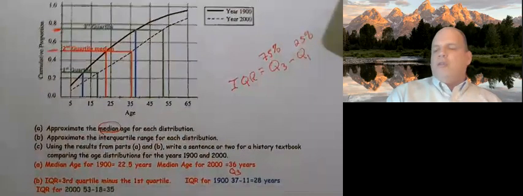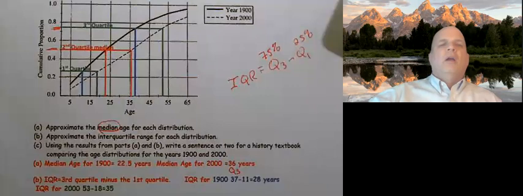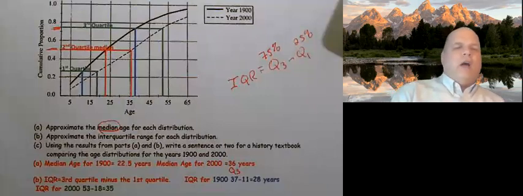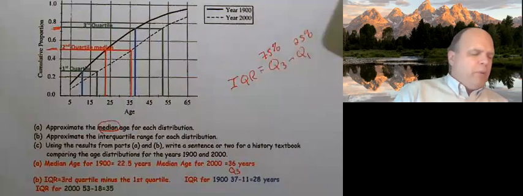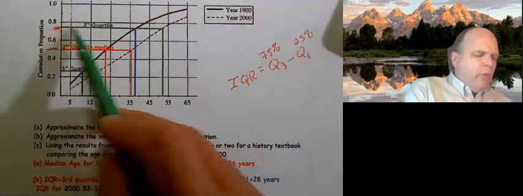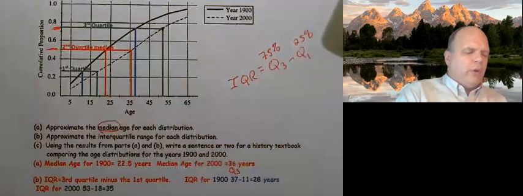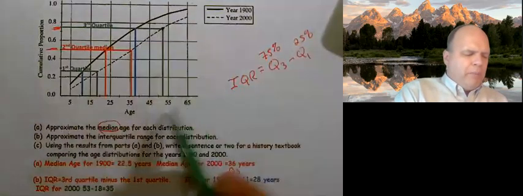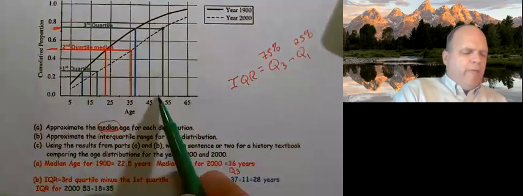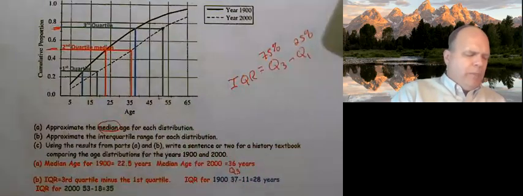Then I did the same thing for the year 2000. Beginning with the 75th percentile again, I drew all the way across till I hit the 2000 graph, then I dropped down. Between 50 and 55, about 53, which is what I wrote.